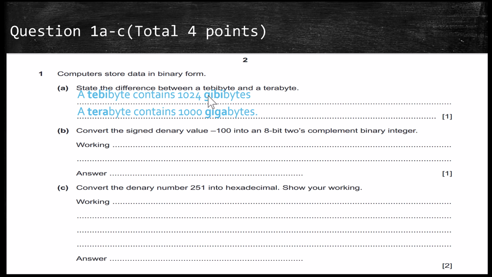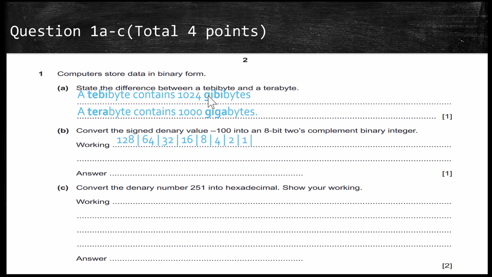Then it says convert the signed denary value, -100, into an 8-bit 2's complement binary integer. There are two ways to do this. You can start with -128 and work backwards, trying to add some positive numbers to a negative number, or you can take a much more efficient route. The first thing you want to do is write out the 8 bits and get those values.